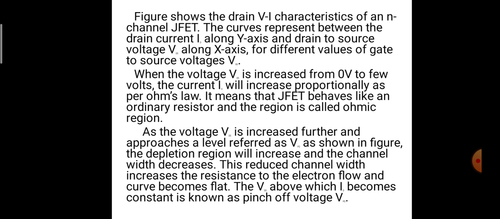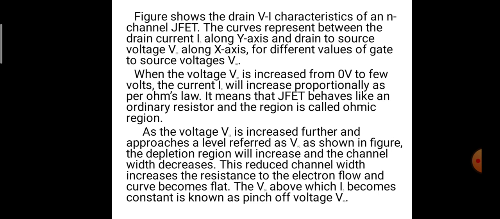When the voltage is increased from 0 to a few volts, the current ID will increase proportionally as per Ohm's law. It means that JFET behaves like an ordinary resistor and the region is called the ohmic region.